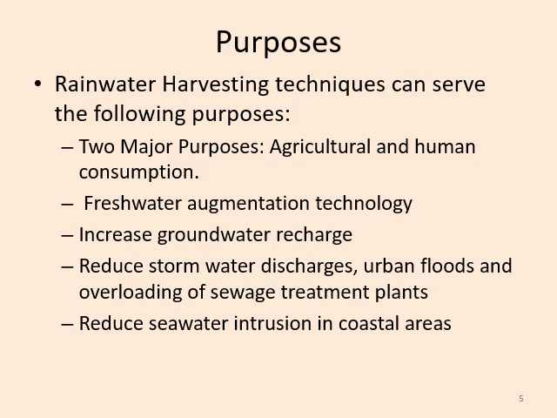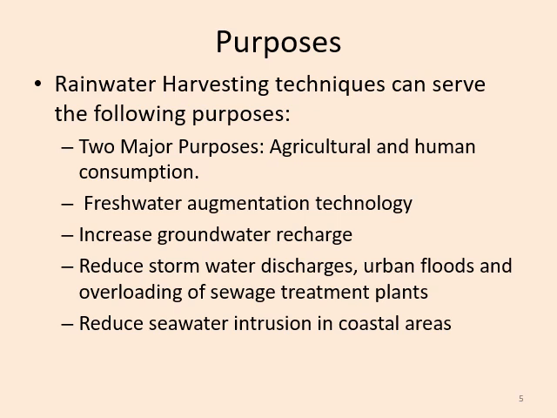So the second major purpose is agriculture or irrigation. Other purposes are freshwater augmentation technology, meaning freshwater increasing, augmentation means improvement technology. It increases groundwater recharge. We can recharge or recover the groundwater table, which is decreasing day by day.